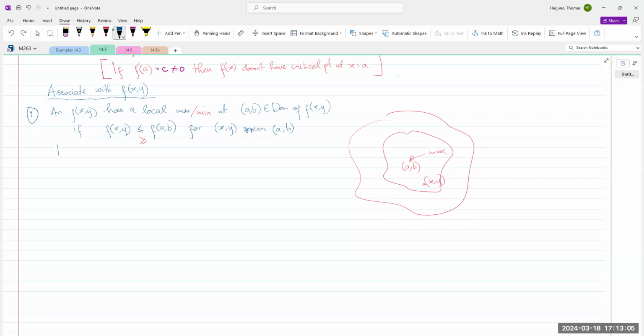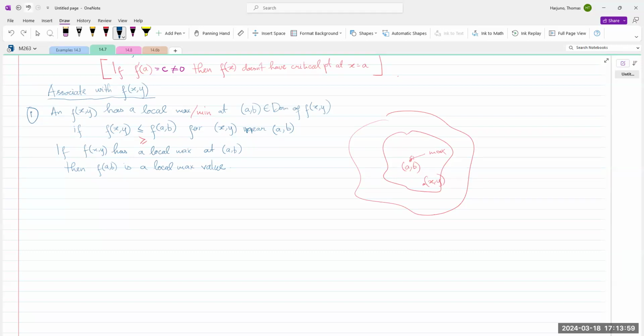Now if f(x,y) has a local max at (a,b), then the value at (a,b) is a local max value. Now I want to distinguish the position, the location of the local max, which is the coordinate (a,b), and the value at that position, which is f(a,b).